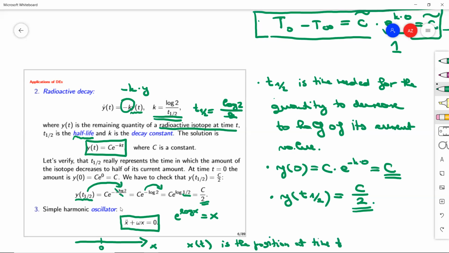The motion can be modeled by this differential equation. So this omega is some real number. If there are also other external forces present, we would have on the right-hand side also some force at time t.